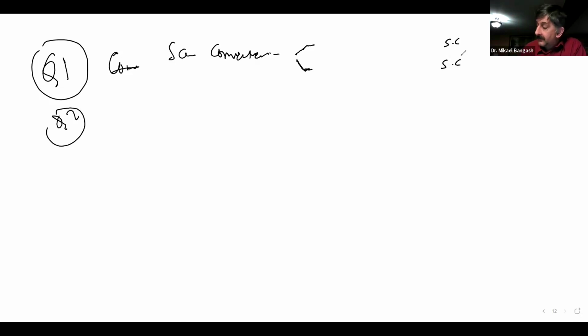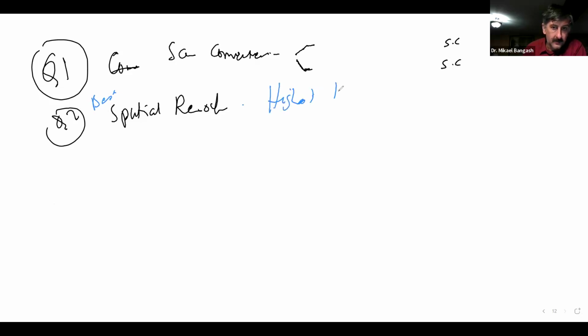Question number 2, now: which of the following scan converters will provide the best spatial resolution? Please keep in mind, guys, for spatial resolution, if you go for best, that's going to be the highest pixel density.